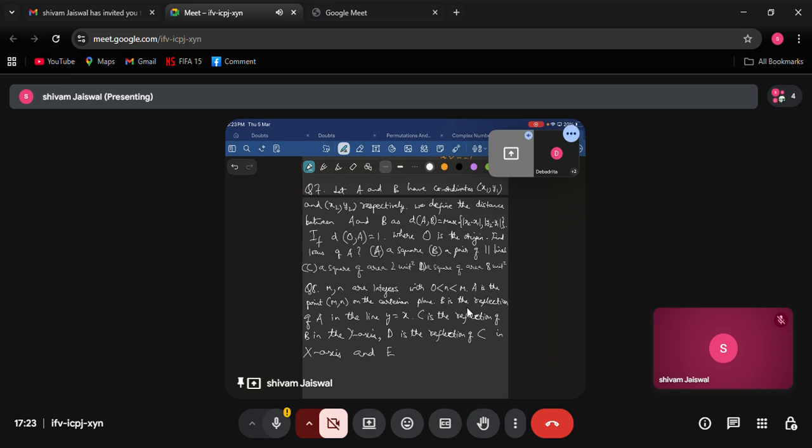And E is the reflection of D in the y-axis. Find the area of the pentagon in terms of M and N.